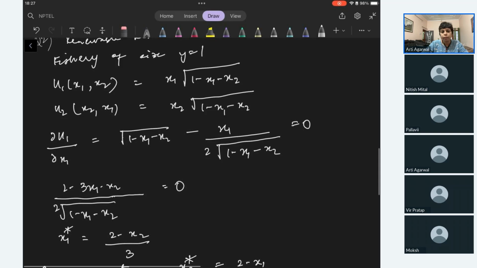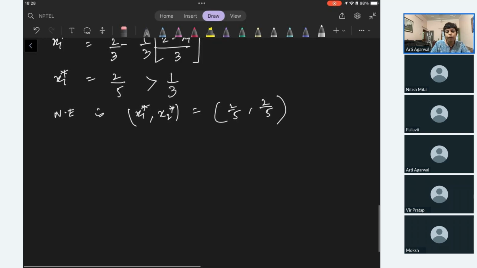Pareto optimal means you cannot increase the payoff of both players simultaneously by choosing any other strategy. We do that by maximizing U1 plus U2 with respect to X1 and then with respect to X2. When you solve for it, you will get the optimal response.